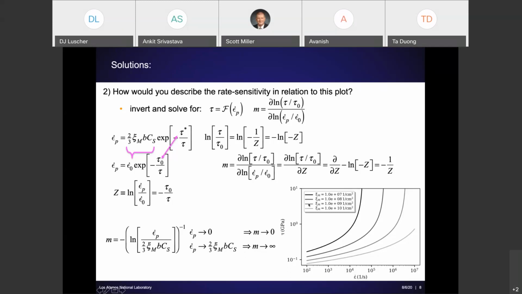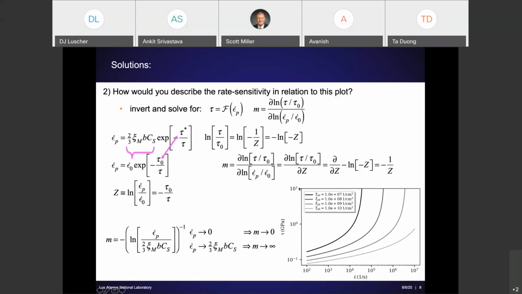Now, if I plot the stress versus the plastic strain rate, which is what I've done in the lower right, but this is in log-log space, which is useful because then I'm looking at the slope of this curve is M, right?